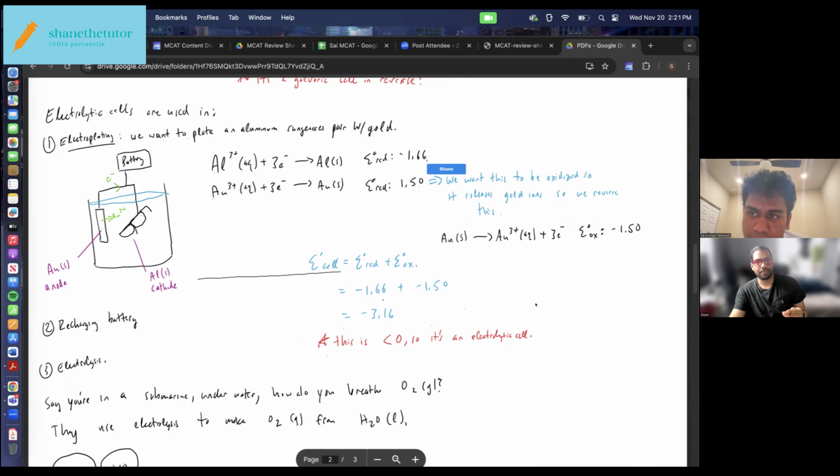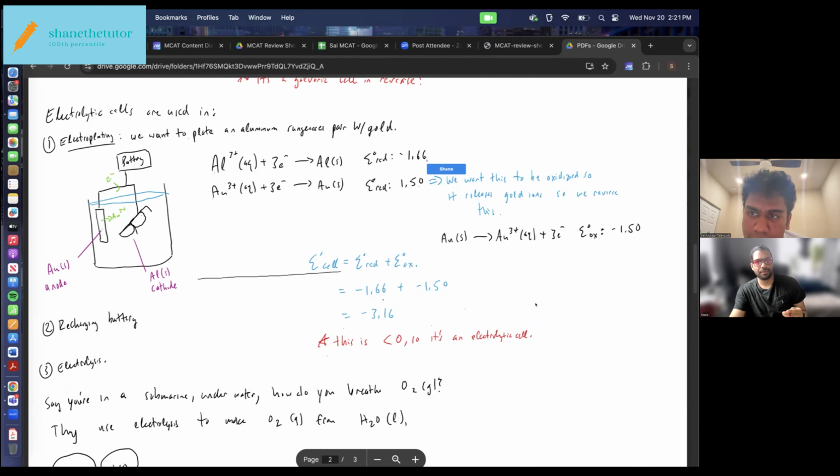And so the aluminum is a negative, which means it'll get reduced for the electrolytic cell. And the one with the higher one, so the gold here, we want this to be oxidized, so it releases gold ions. So we reverse this to get that, and then you end up with your negative cell potential here.